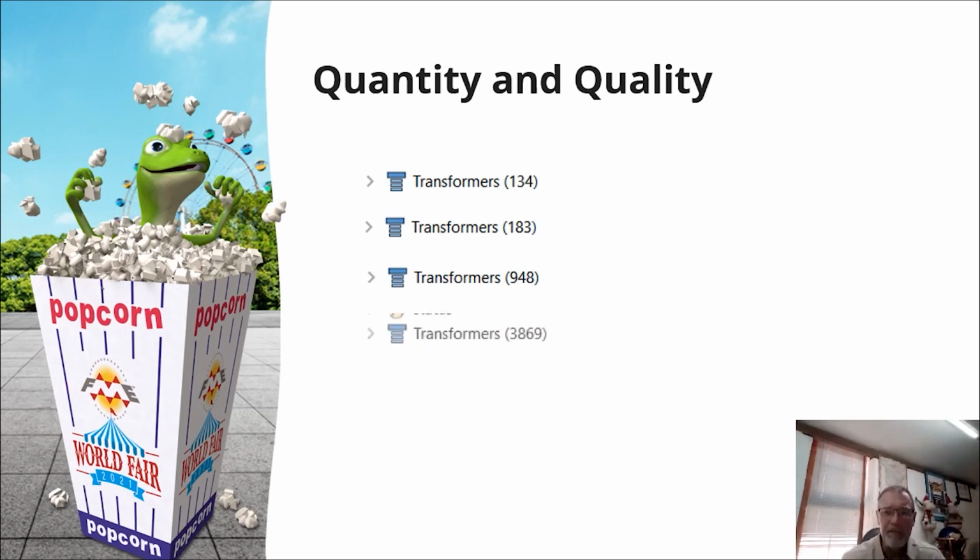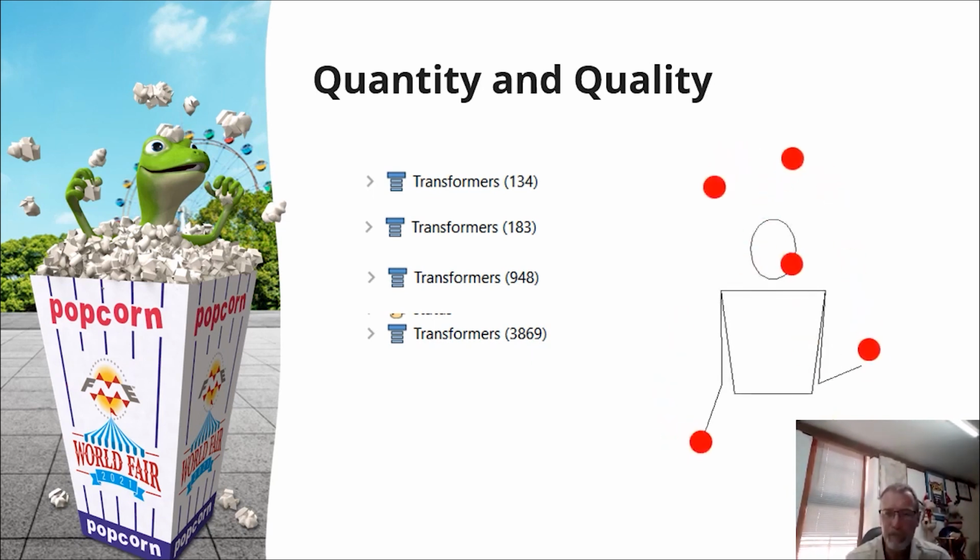And our main model for this particular project had 3,869 transformers. And so can you imagine trying to manage that, trying to maintain that, trying to actually understand it if you had never seen it before. So huge numbers of transformers in a single model.